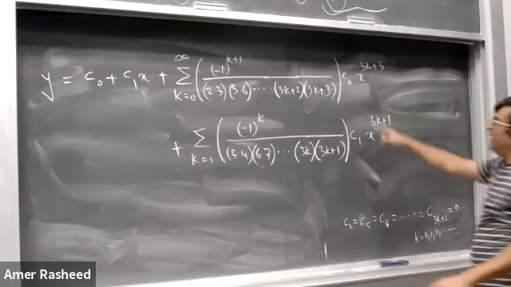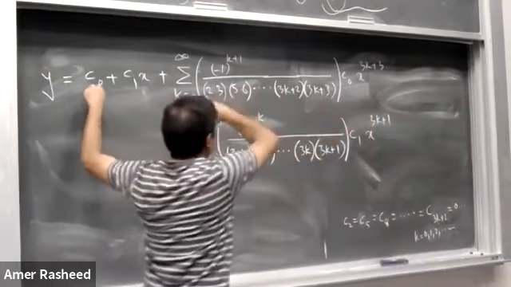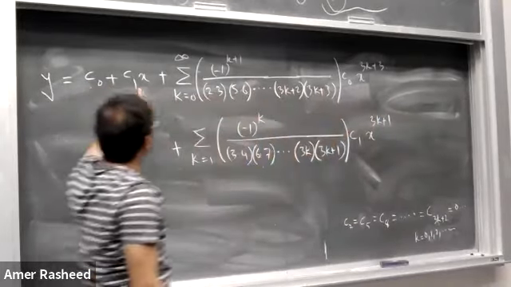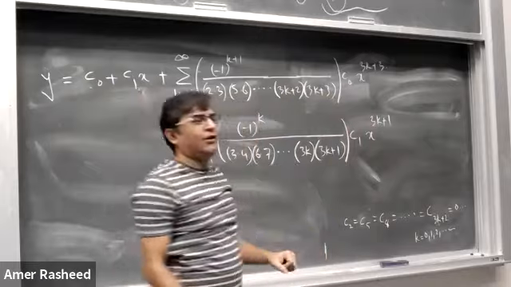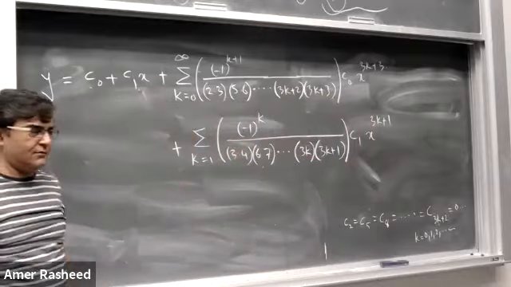Plus यहां से c naught और c naught यहां से कॉमन ले लेंगे और यहां से c1 और c1 कॉमन ले लेंगे. You'll get 2 series. Okay.